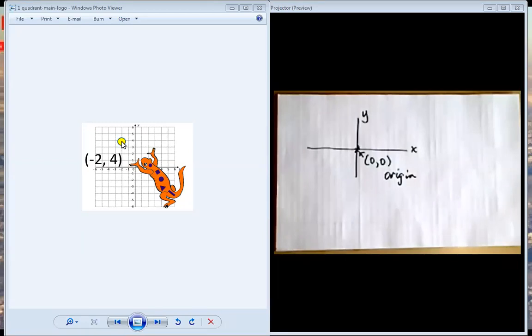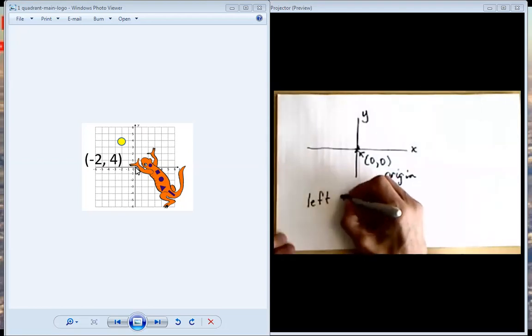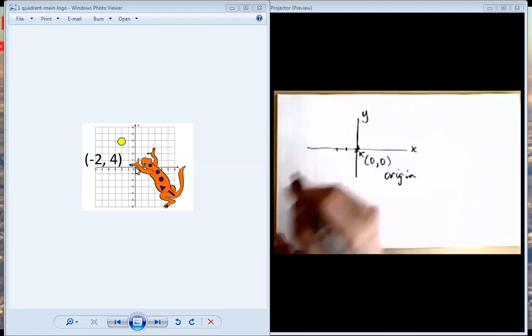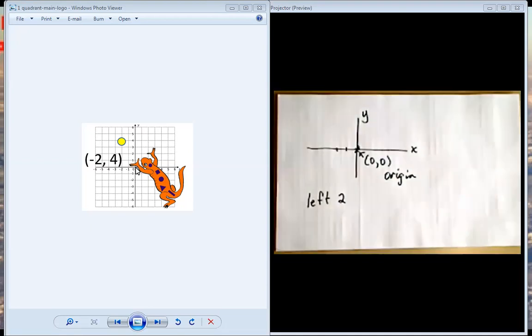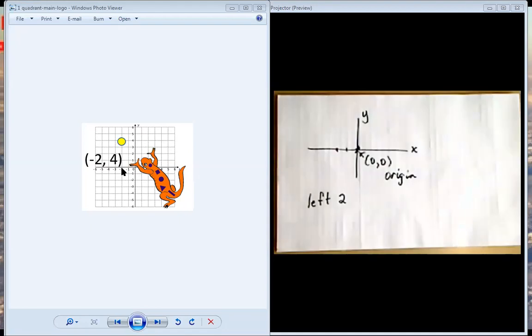True? Okay, so if he's here at 0, 0, then our buddy salamander there is he's going to have to go left by 2. And then he's going to be at this location right there. He's going to be at this spot. And so then he's lined up underneath it.